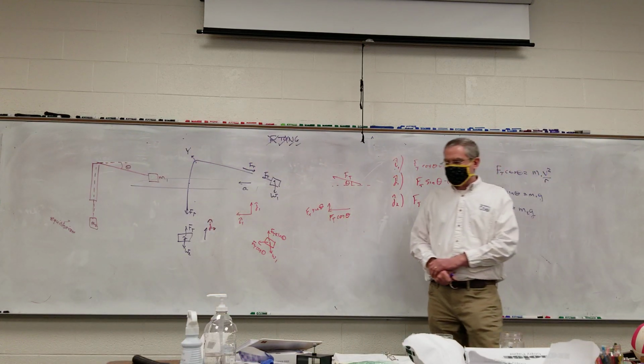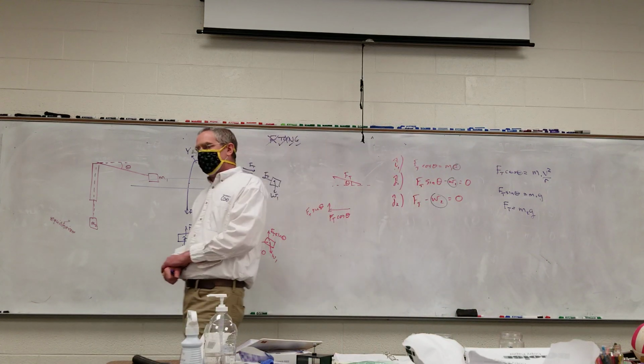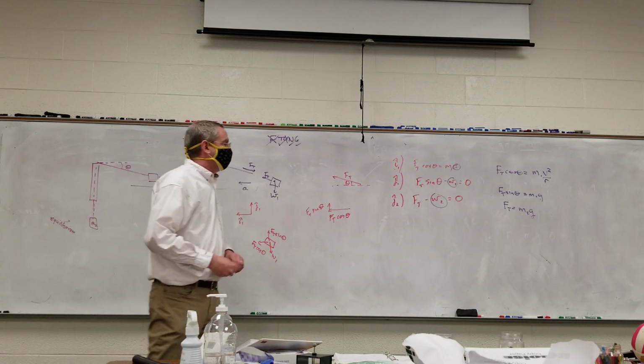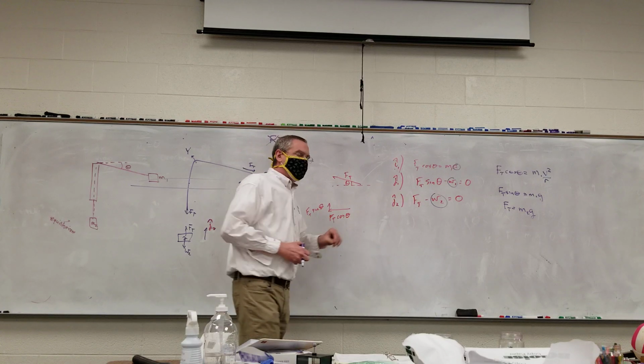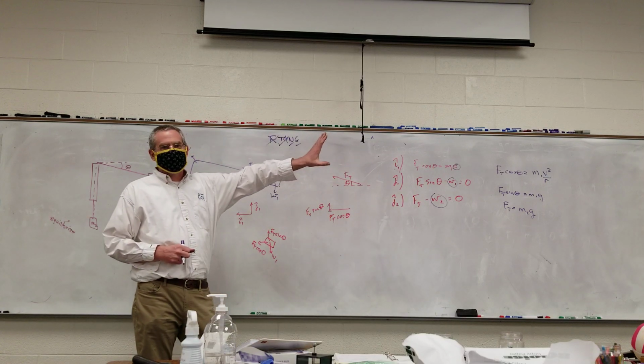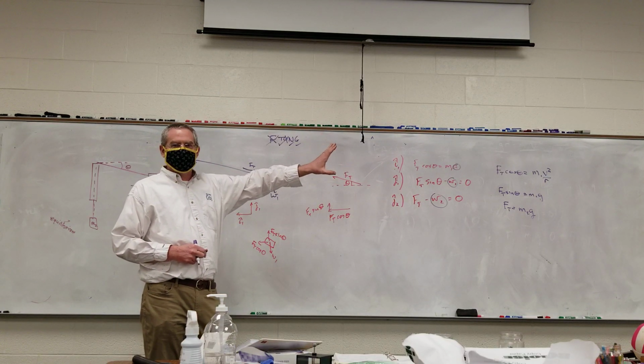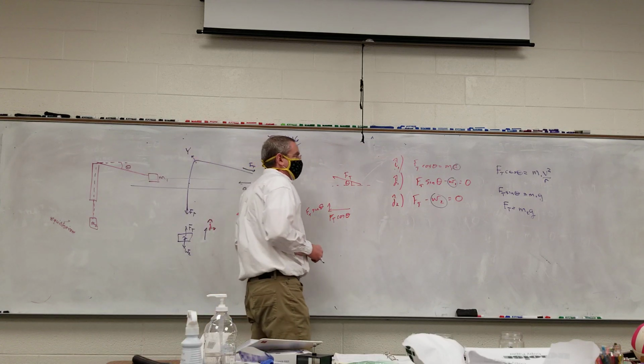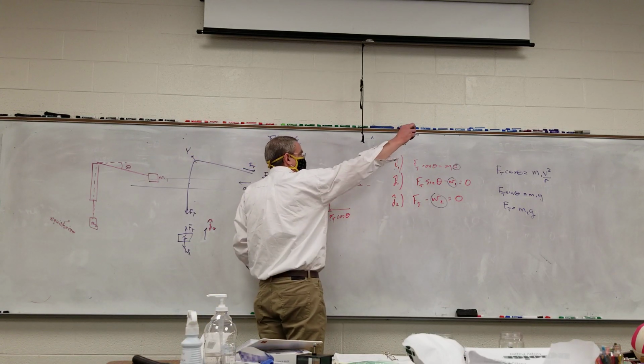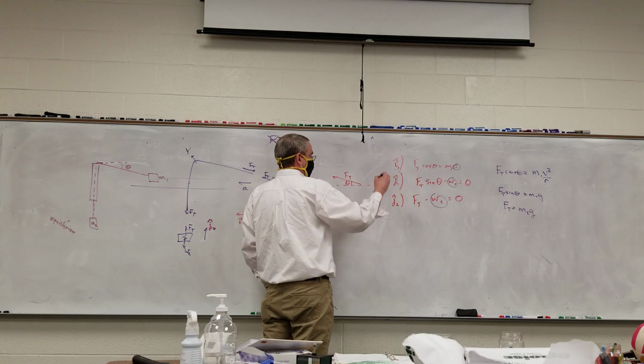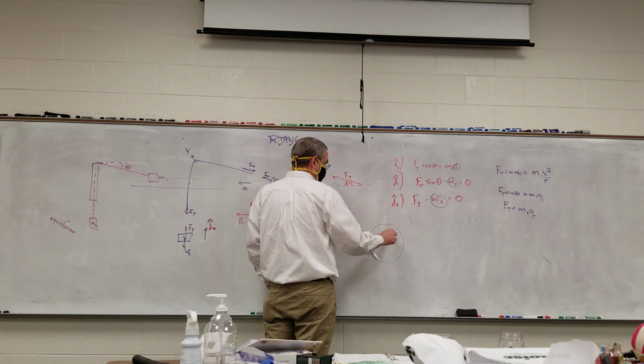Now there is a little trick that we can do here just to make life a little bit simpler. So we did acceleration as v squared over r. There's another form of it that is a lot more convenient in this situation. So let's go back to our circle here.